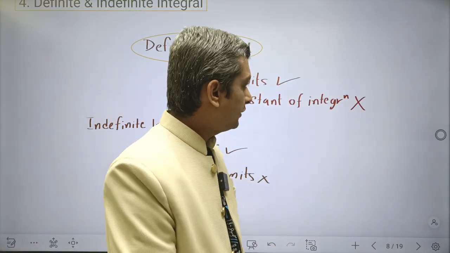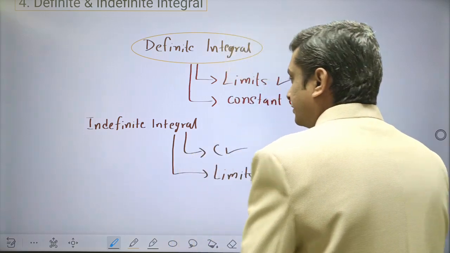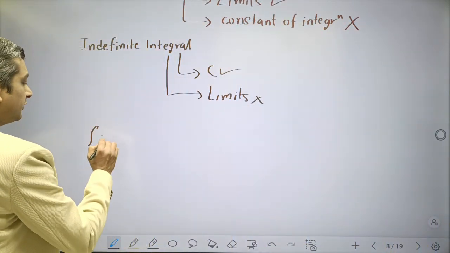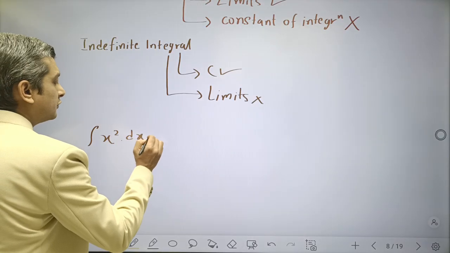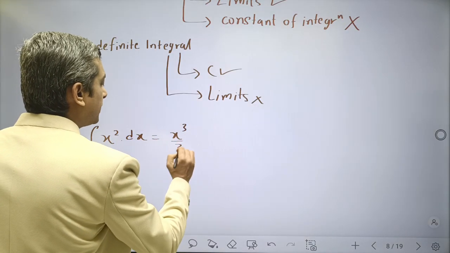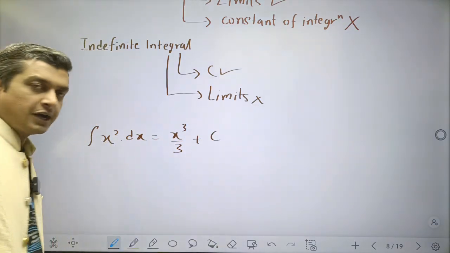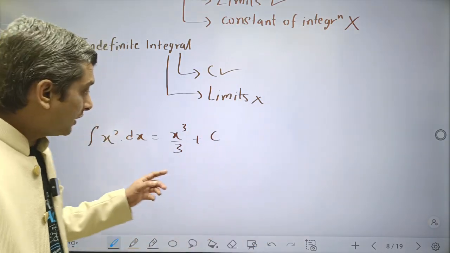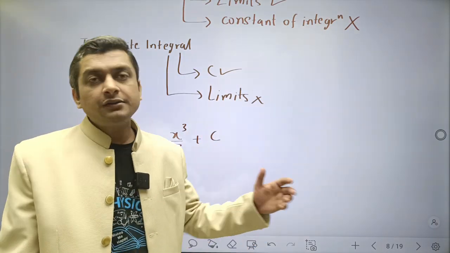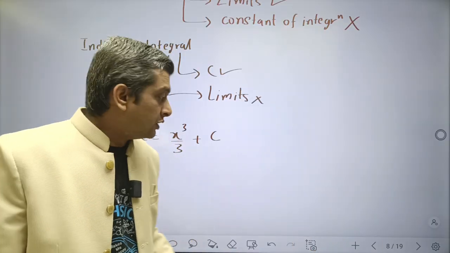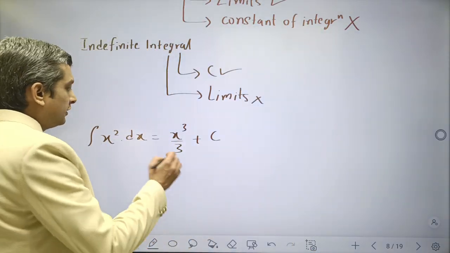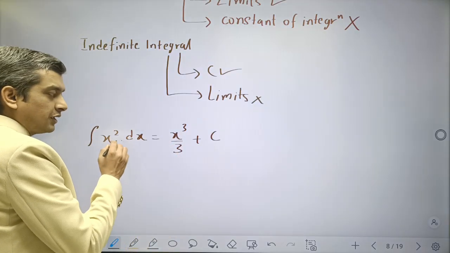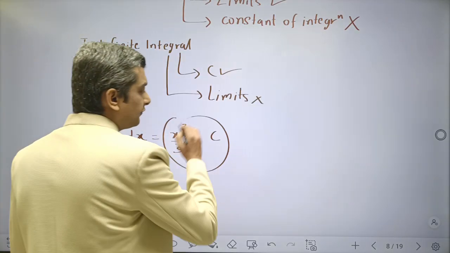That's why it is known as indefinite integral, isn't it? For example, if I integrate x square, its value is given by x cube by 3 plus c. Are you getting? This c may have any value, and we don't know its value until some boundary conditions are given. So whatever we obtain from integrating x square, we are not getting a fixed value.